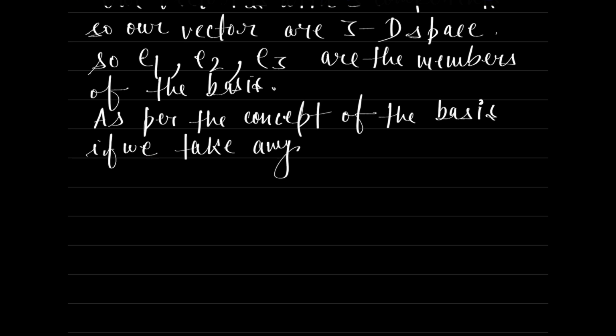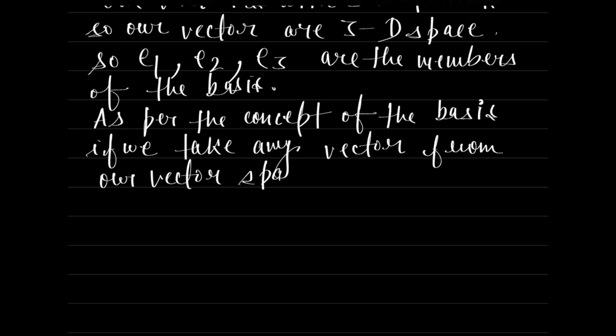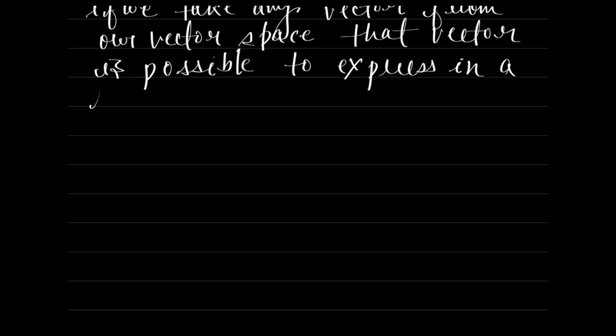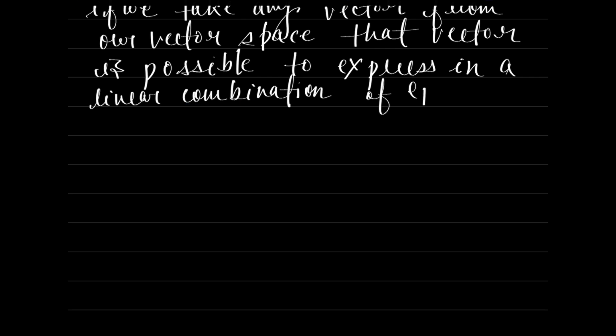If we take any vector from our vector space, that vector is possible to express as a linear combination of E1, E2, E3.